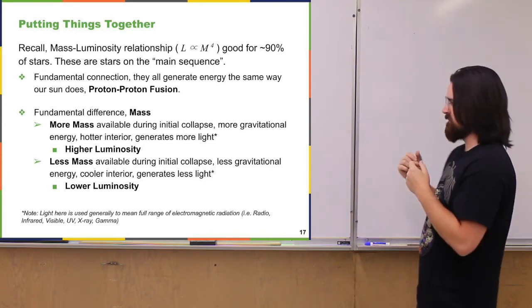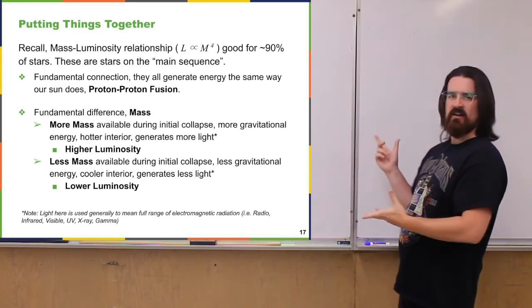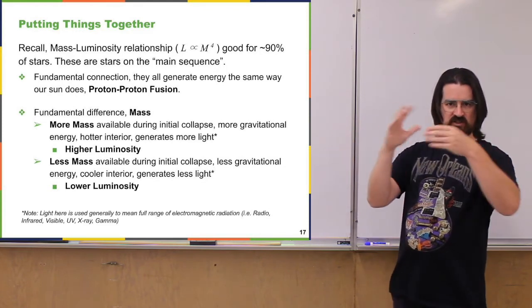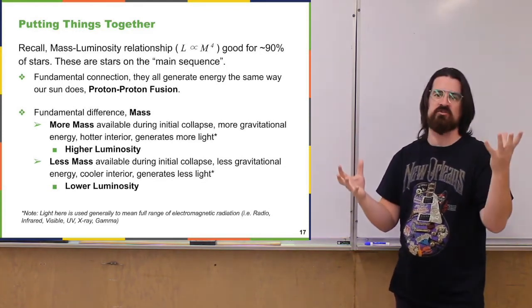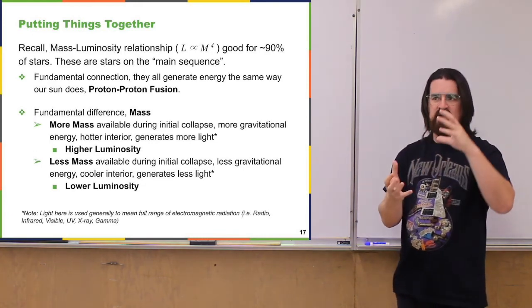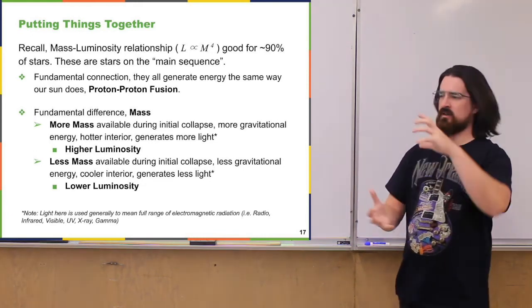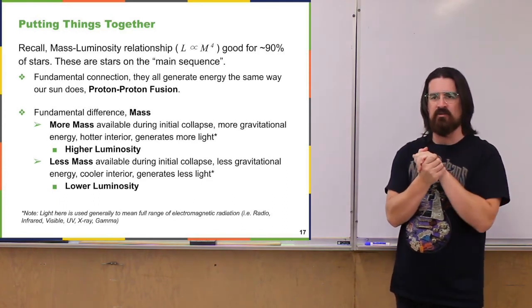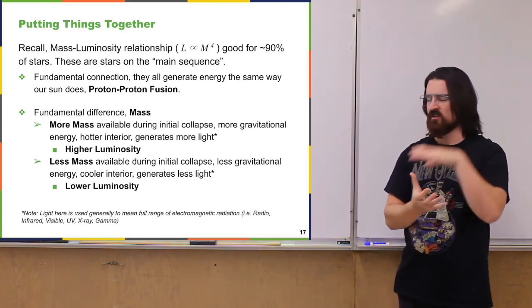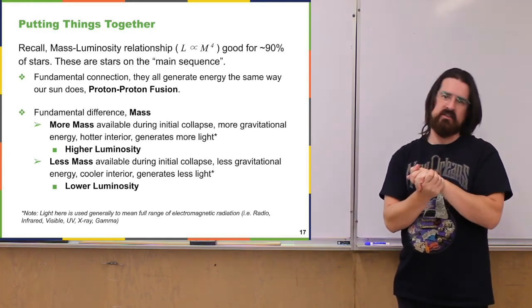If there was a lot of mass there when the star initially started to collapse, a lot of mass ends up basically meaning that there's a lot of gravitational energy to crush down and make the interior of the stars really, really dense, really, really high pressure, and so you end up generating a lot of energy in that interior.